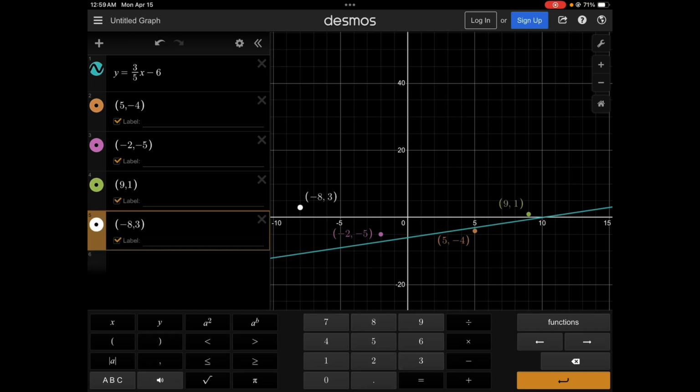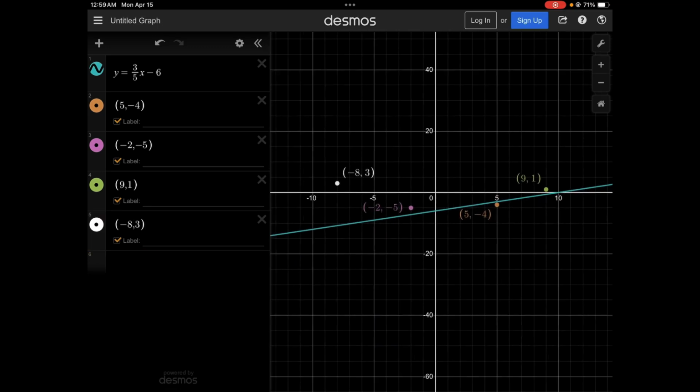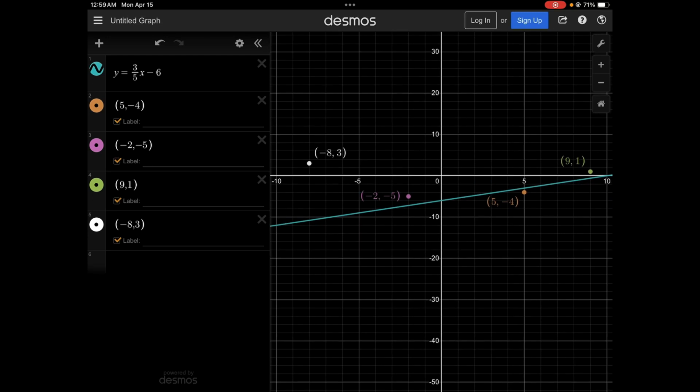Let's label those. And we have 3 points above, 1 point below. Okay, and we're looking for something that's either below the line or on the line. That is the orange point, the (5, -4).